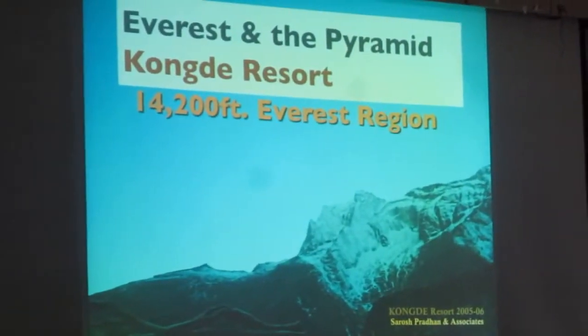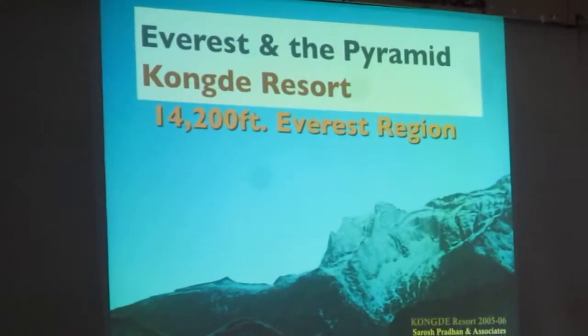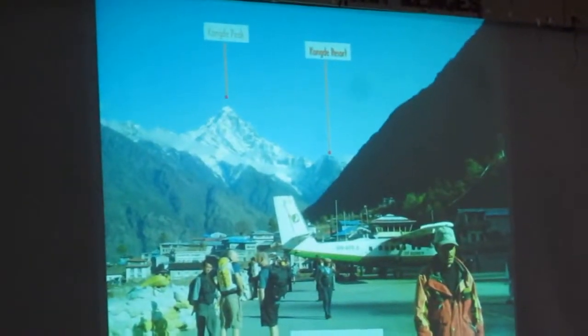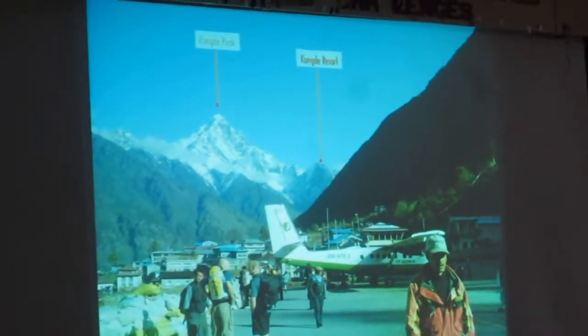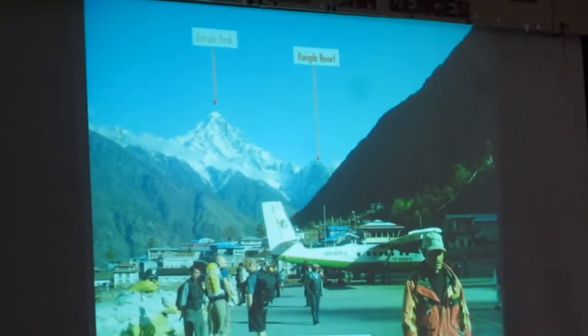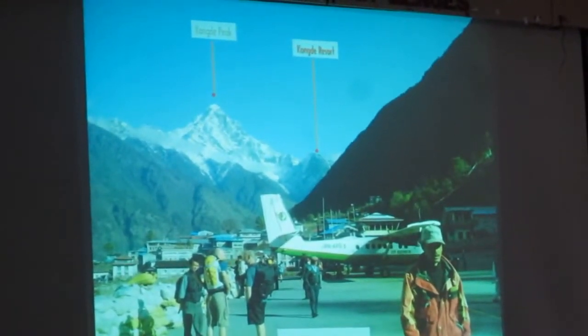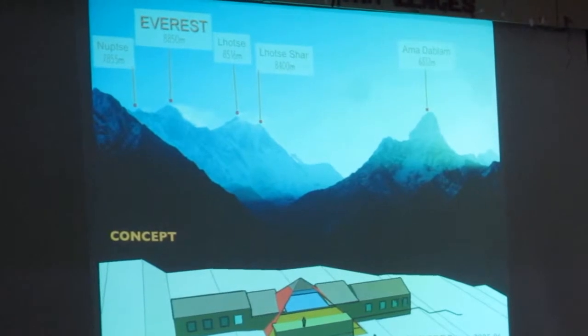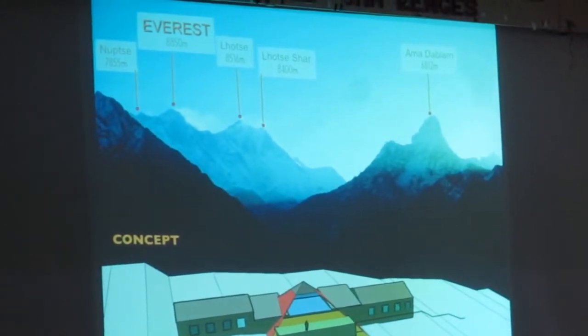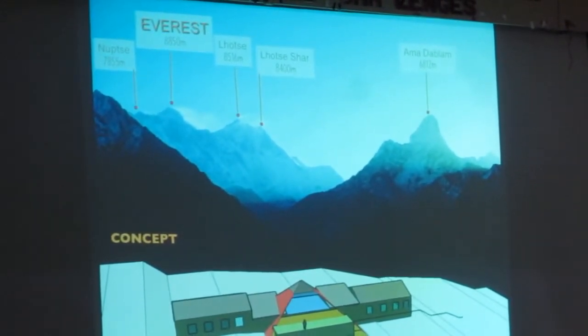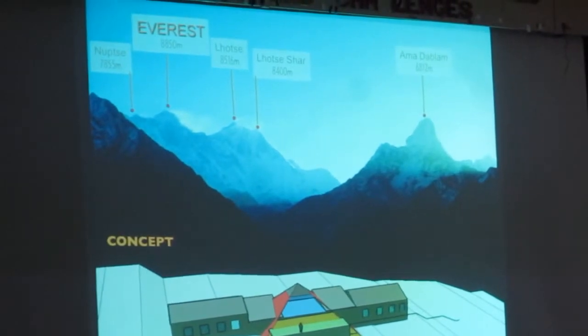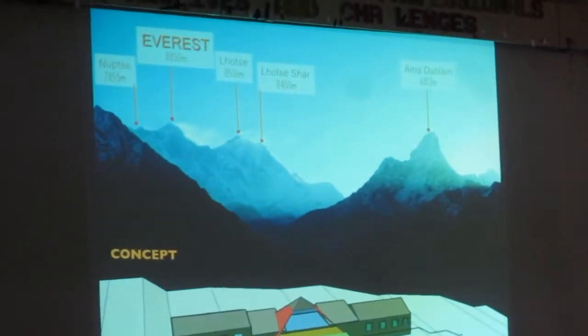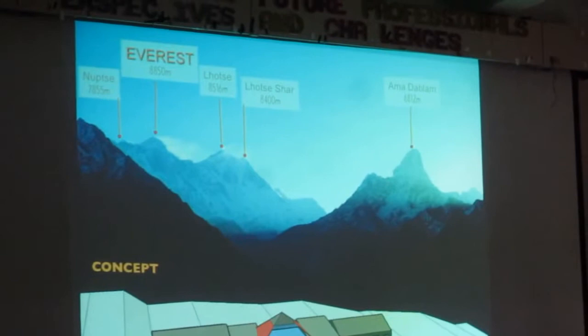This is the third project we did. This is from the airport, the thumb that you see there called the Kwangde Peak. It's really behind this. And the view from the side was spectacular. You see Ama Dablam, the Lhotse, Everest. It's all sheer excitement to see the 8,000 meter peak right in front of you.